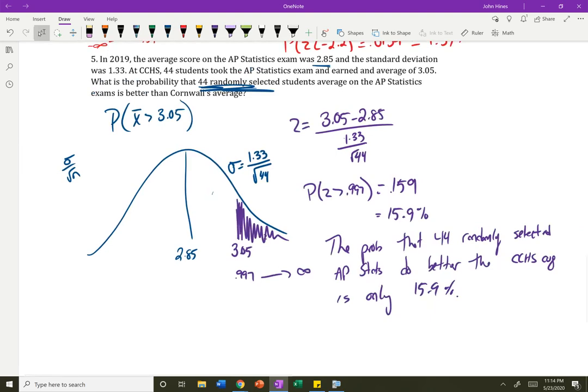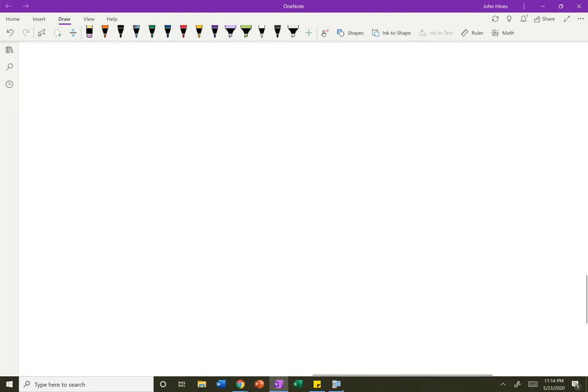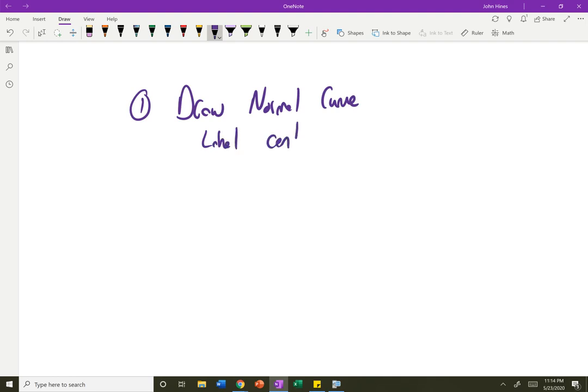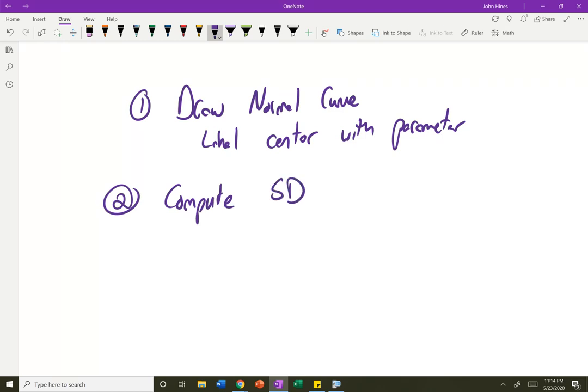So this is how sampling distributions work. The first thing you do is you draw your normal curve and label the center with the true value, with the parameter that we think the parameter is. Then we compute this new standard deviation. How do we compute it?